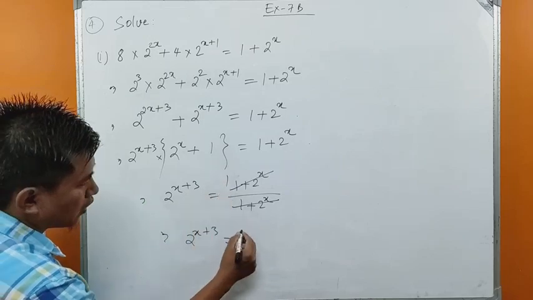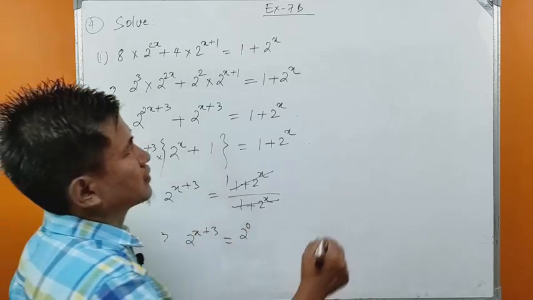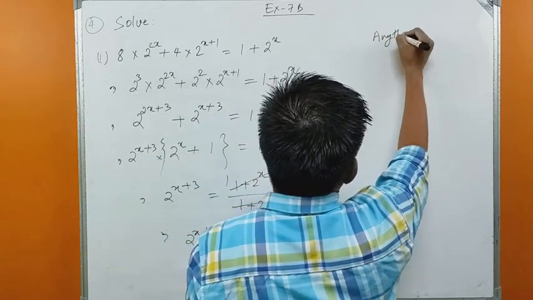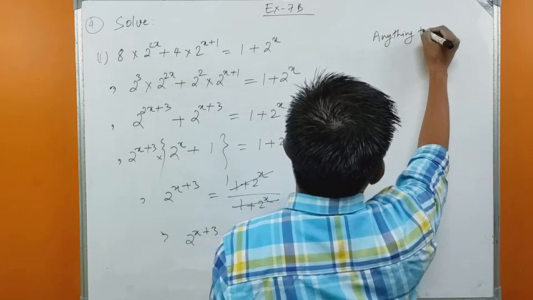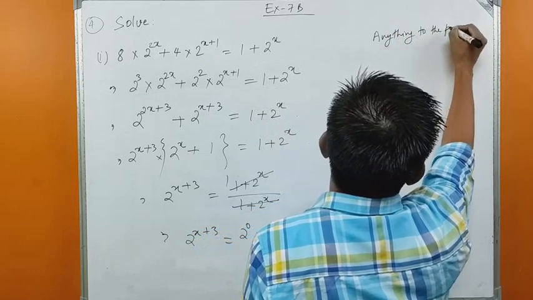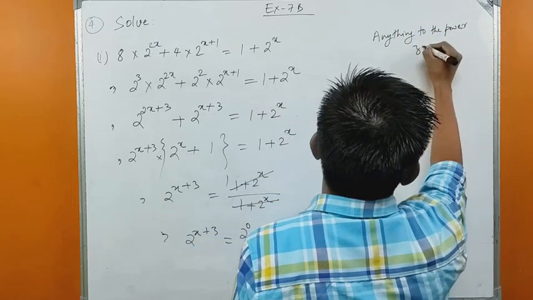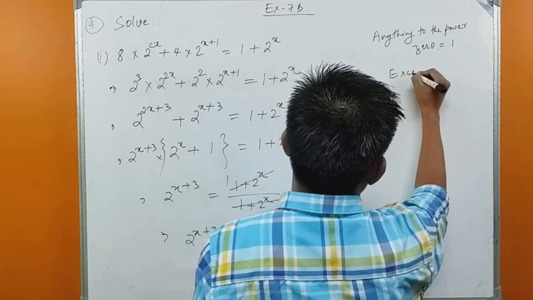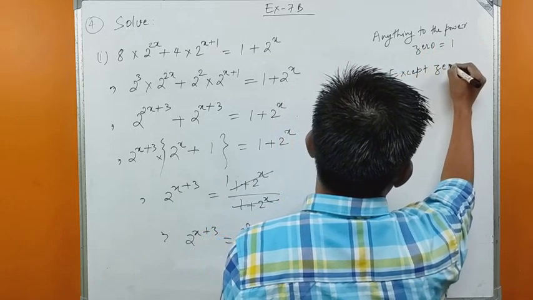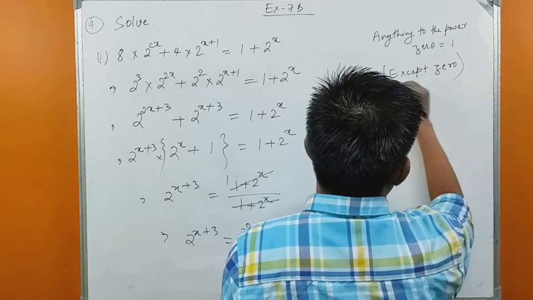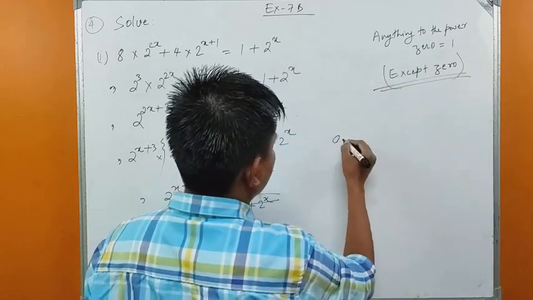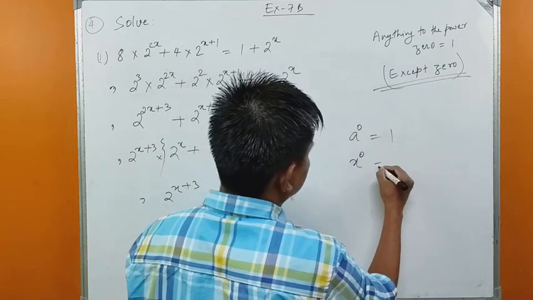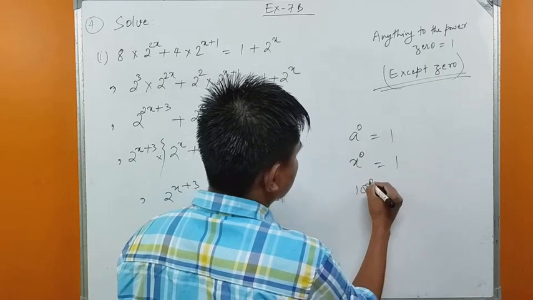1 here, isn't it? 1 means 2 to the power 0, because I have already told you, anything to the power 0 equals 1, except 0. Which means a to the power 0 equals 1, x to the power 0 equals 1, 100 to the power 0 equals 1.